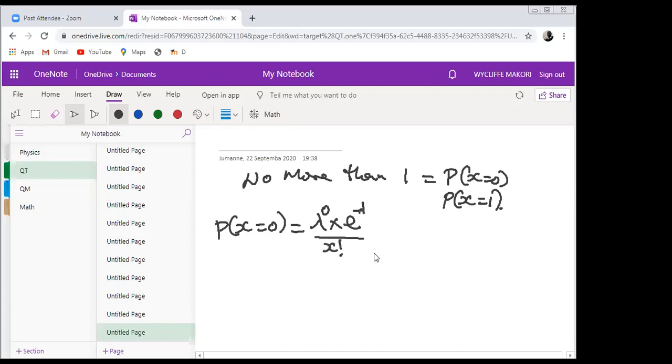Lambda we calculated to be 3 over 20, so 3 over 20 power 0 times e power negative 3 over 20, over 0 factorial.